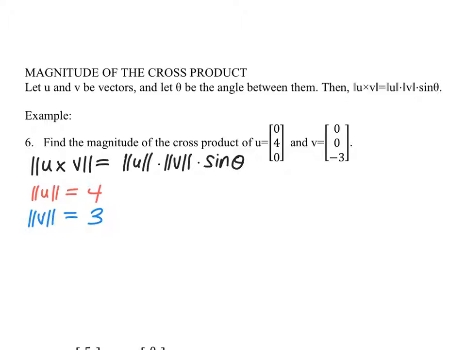All right. So now we just need the angle between these two vectors. We could solve for it. But if you have a good visual sense of what's going on here, then you should already kind of know what that angle is. But let's say you don't. All right, so cosine theta is equal to the dot product of u and v over the magnitudes multiplied.